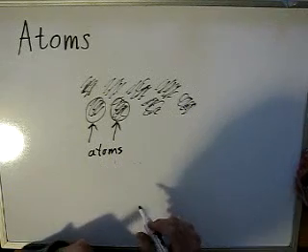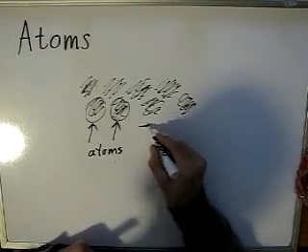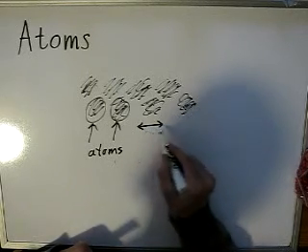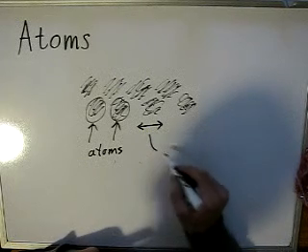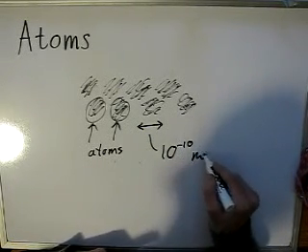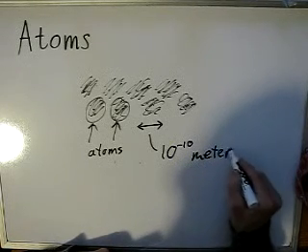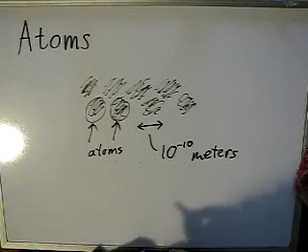Now, how big is an atom? Well, it turns out that from one side to the other of an atom is just about 10 to the minus 10 meters across. So that's extremely small.